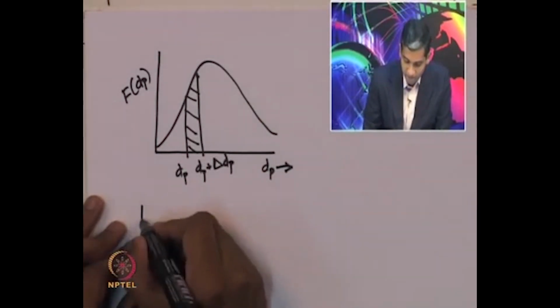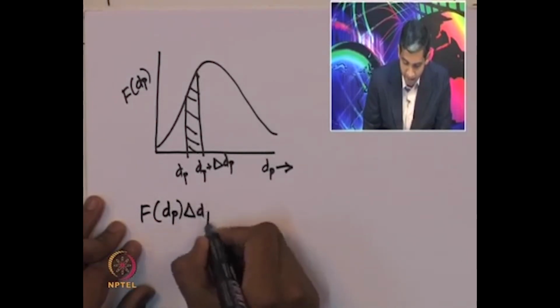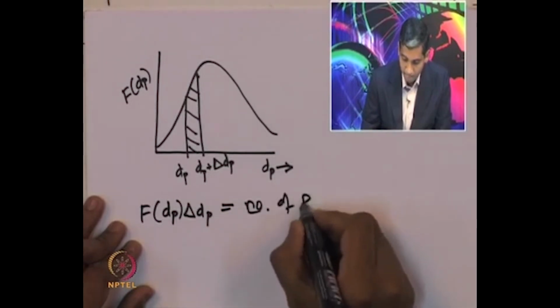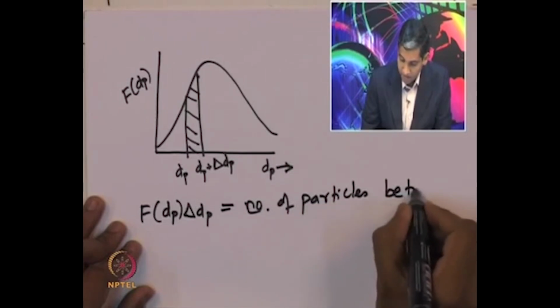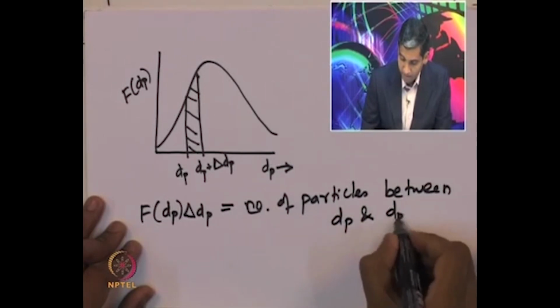So, therefore, f of dp multiplied by delta dp is the number of particles between dp and dp plus delta dp.